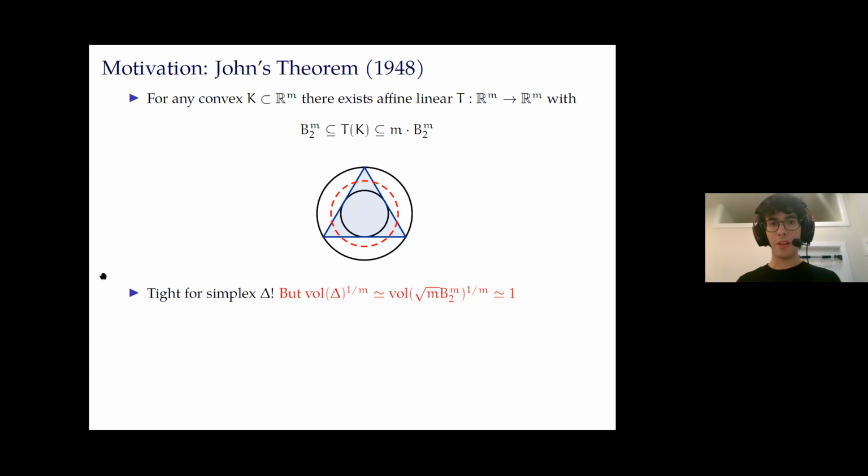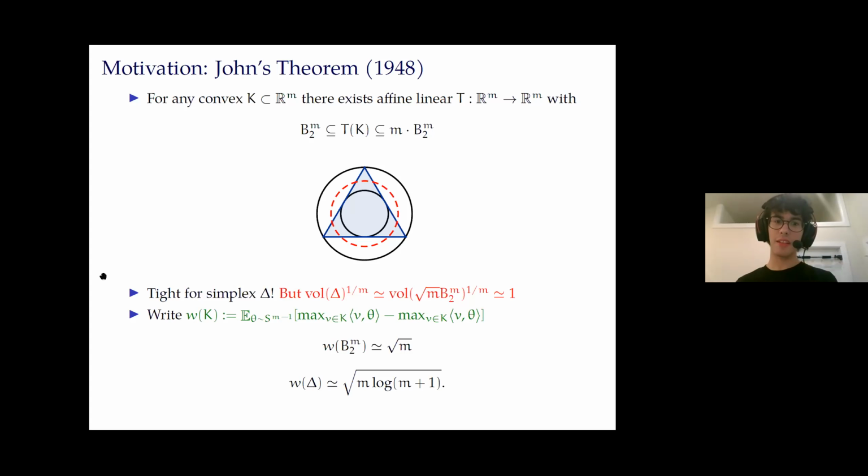One way we can measure another property is by this notion of the mean width. We can imagine measuring how pointy the body is. Basically, we average over all directions in the unit circle, and we look at the maximum slab that contains the body.